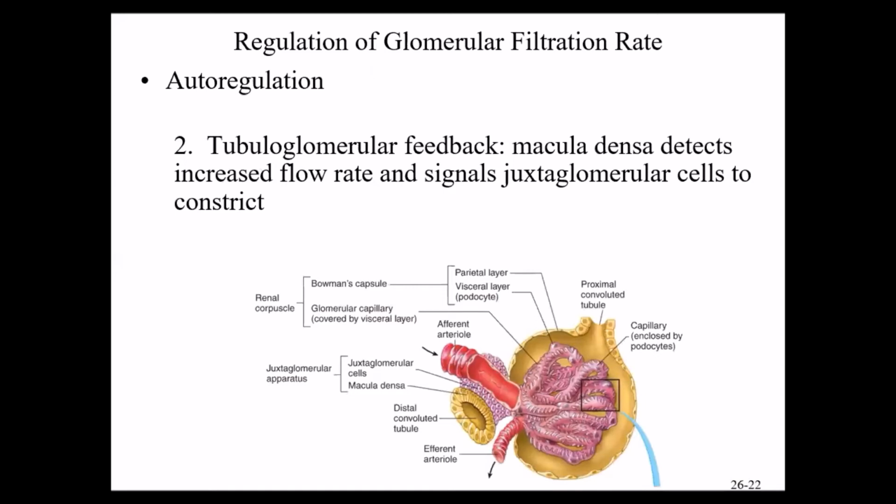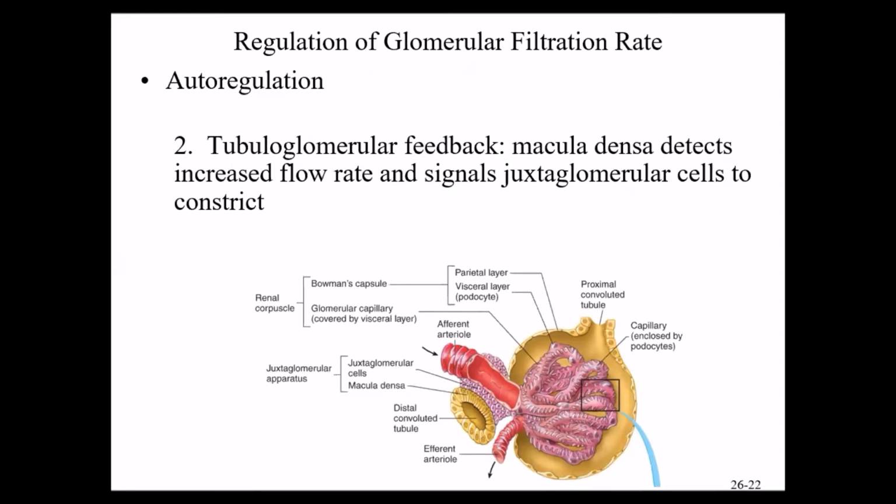Now, the second type of autoregulation involves the macula densa cells that we talked about for the distal tubule. That's inside of the distal tube. And this is what's called tubulo-glomerular feedback, because it has something to do with the glomerulus and also has something to do with the tubes, in this case the distal tube.